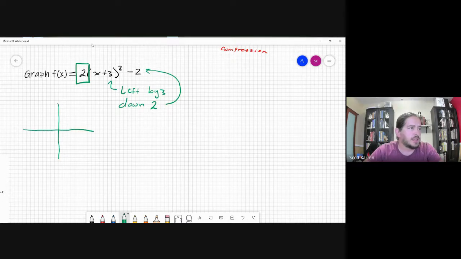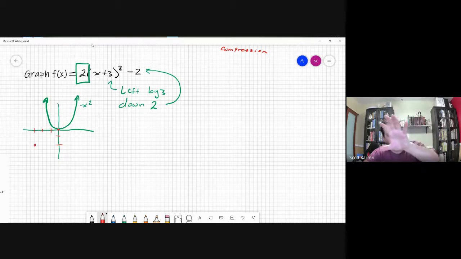I'll do this in stages. x squared looks like this. The shift left by 3, I'm just going to click over 1, 2, 3, and then down 1, 2. So this point right here is now shifted over 3 and down 2, so it's now here.